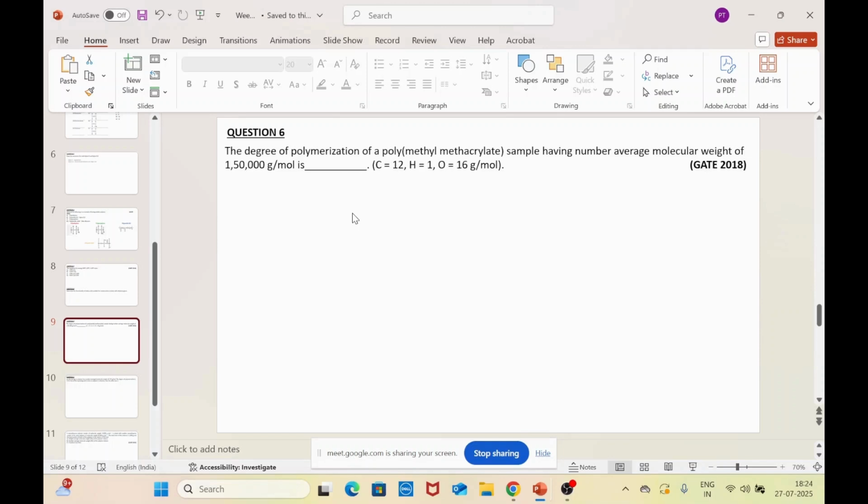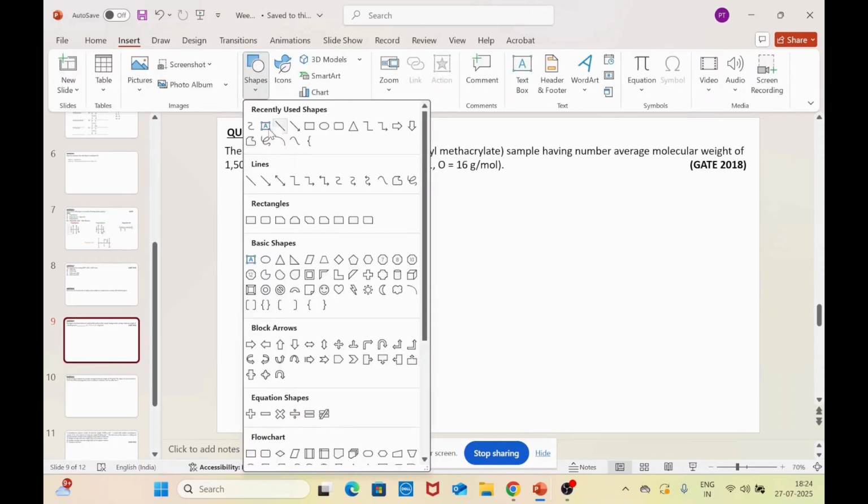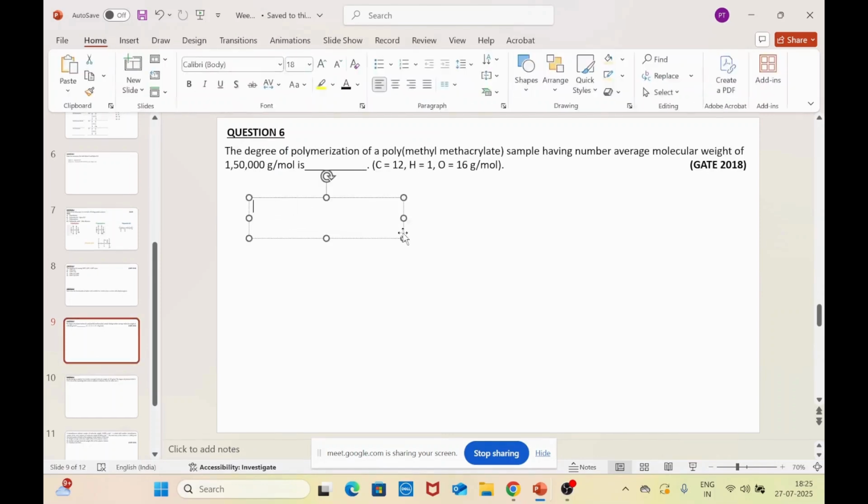Or I can give the molecular formula without the structure. So this is the molecular formula of that repeating unit, methyl methacrylate.